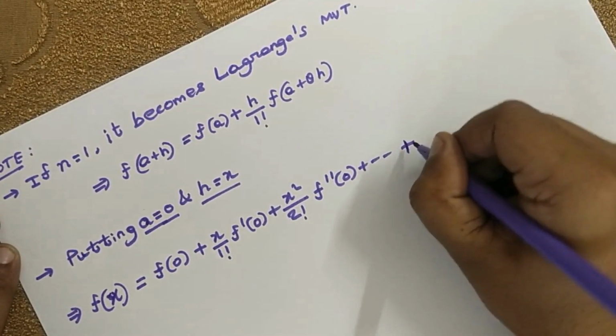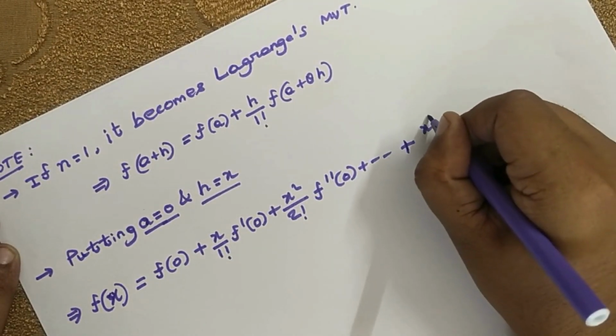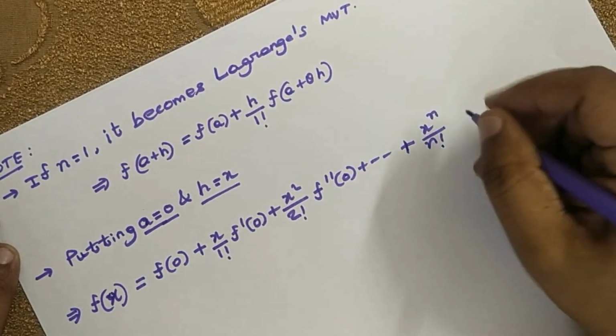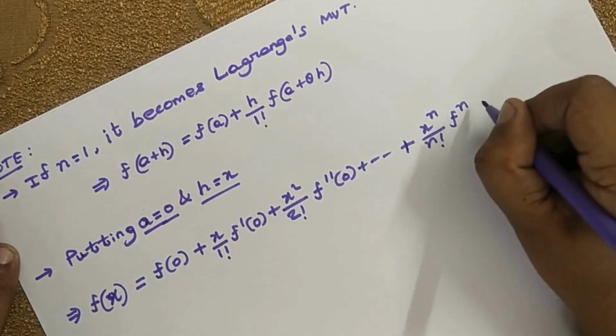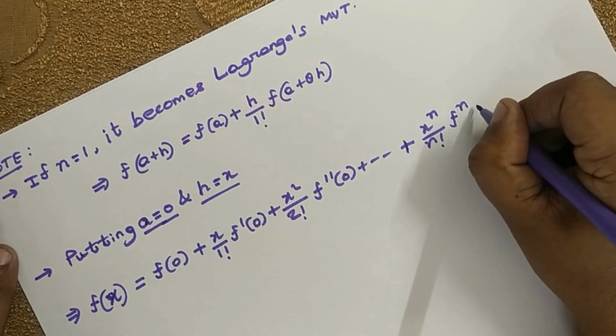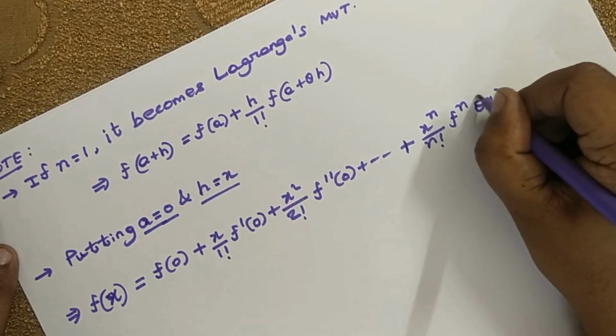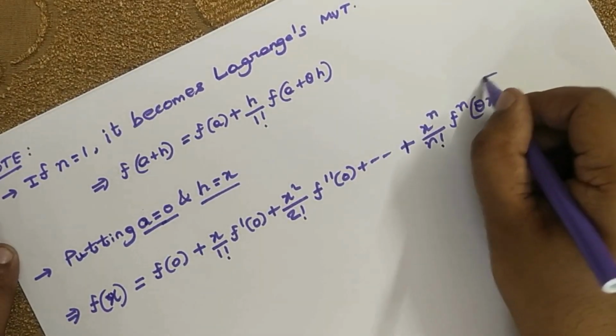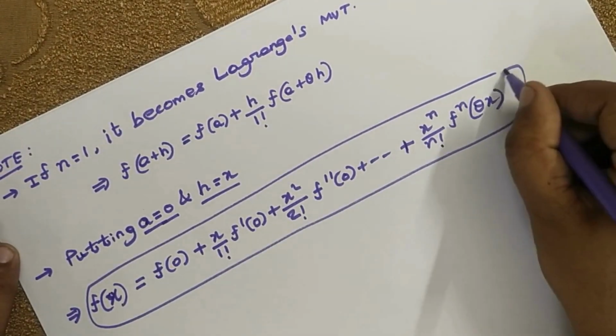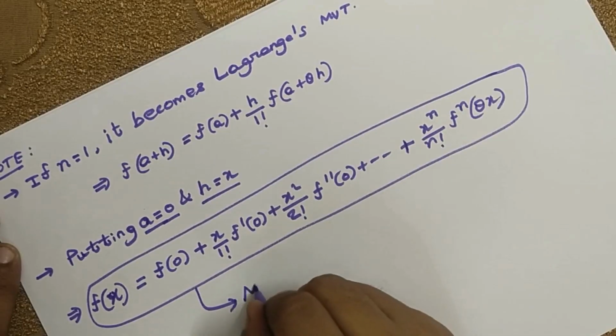The last term is x power n upon n factorial, the nth derivative of f at a plus theta h, that is 0 plus theta x, which is theta x. So this equation we call the Maclaurin series.